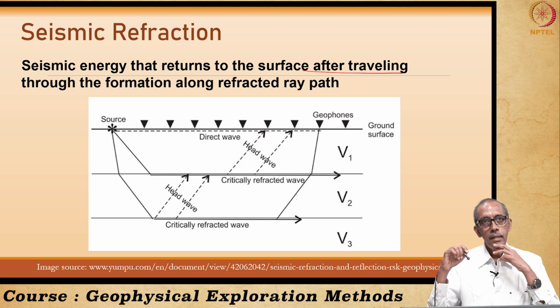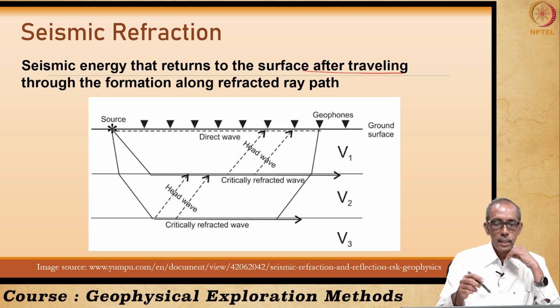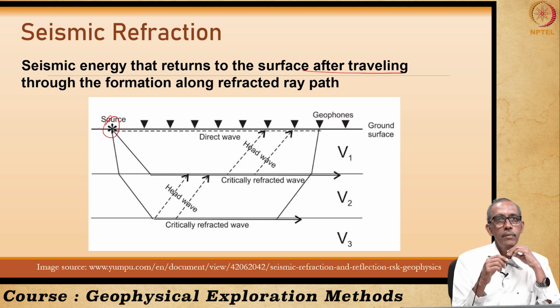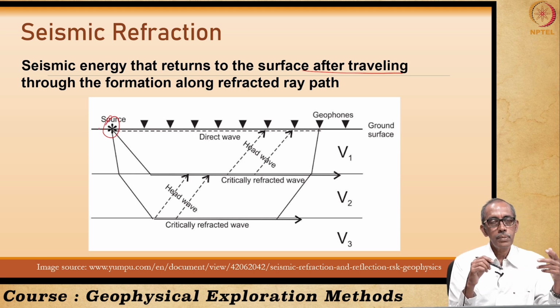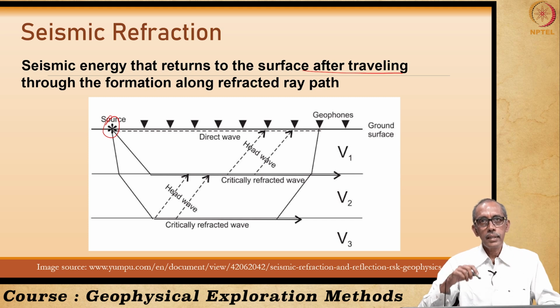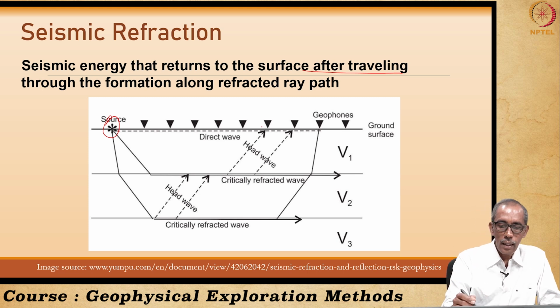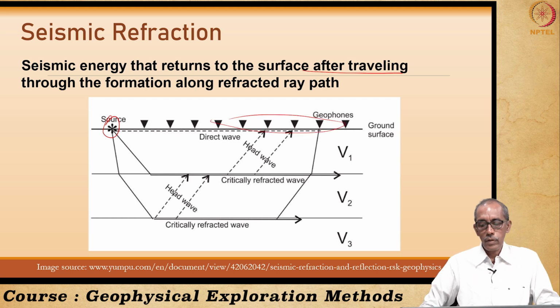How is it getting refracted? Let us see. This is the source, right. We can use explosives, or we can give a hammer blow as we had seen on the previous page. The signals go in and are refracted back to the surface, which are sensed by the geophones after refraction. Why do they get refracted back to the surface?